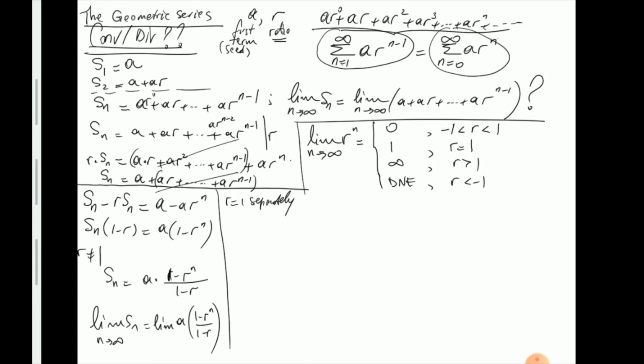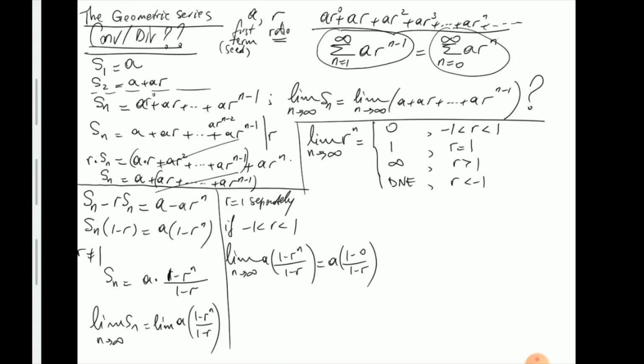So if r is between minus 1 and 1, then the limit of a times 1 minus r to the n over 1 minus r is a times 1 minus 0 over 1 minus r.